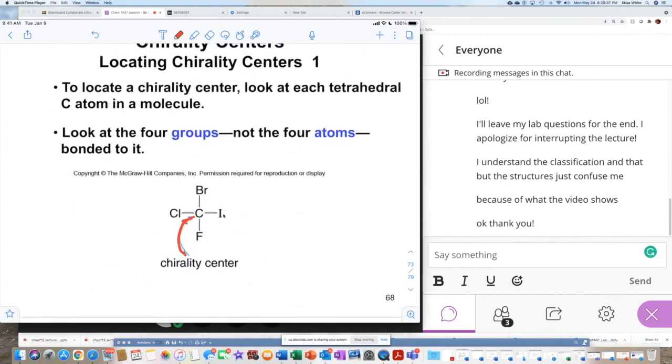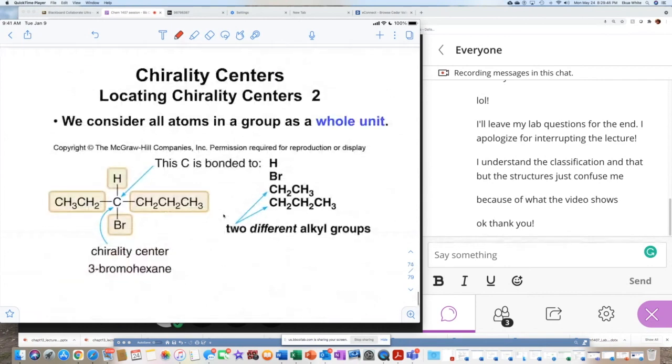This central atom having 4 different groups is not just a central atom, but is called a chirality center. You're looking at the groups, not just the first atom bonded to the carbon. Look at this whole group, this whole group, this whole group, and this whole group.